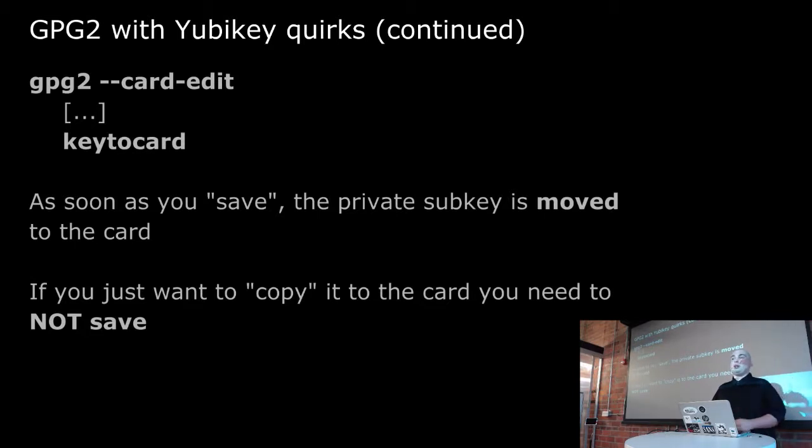There's just a stub there. So if you don't have a backup, sorry, the only copy now is on your Yubikey. If you just want to copy it to the card and not move it, then you say no to saving. It will still be on the Yubikey, you're just not saving the move. I don't know how else to describe it, you're basically copying at that point instead of moving it.